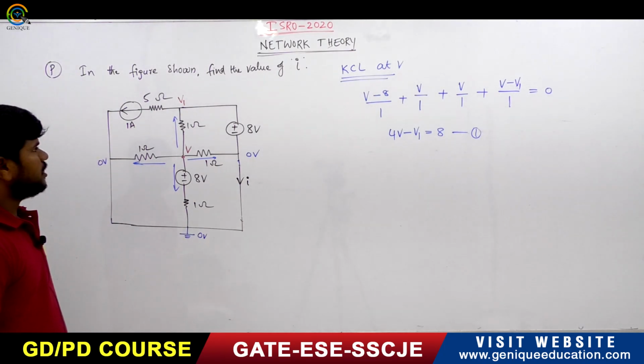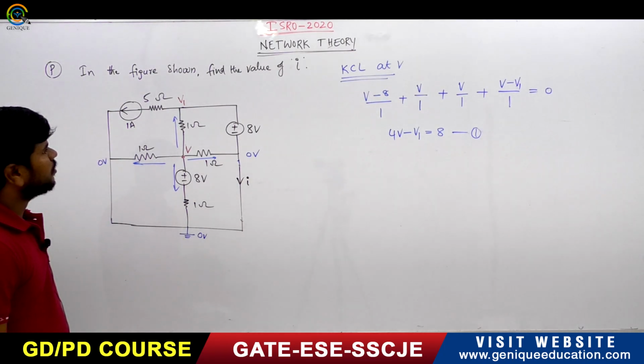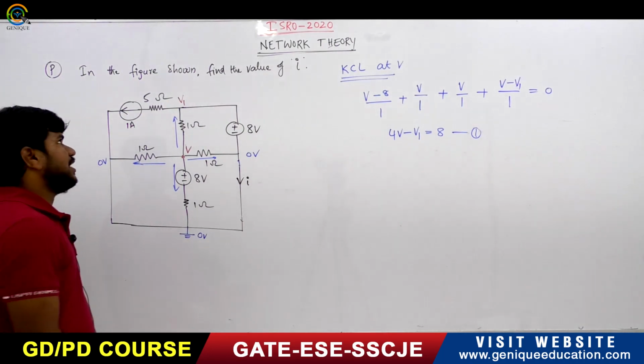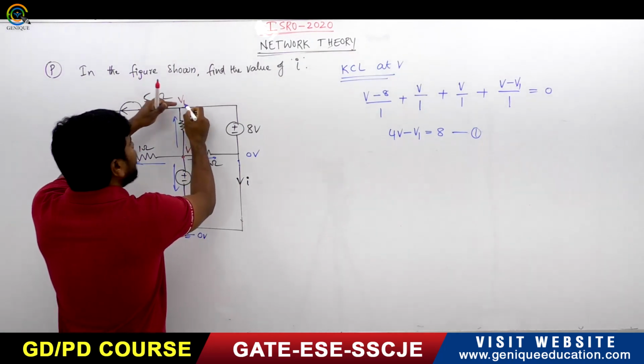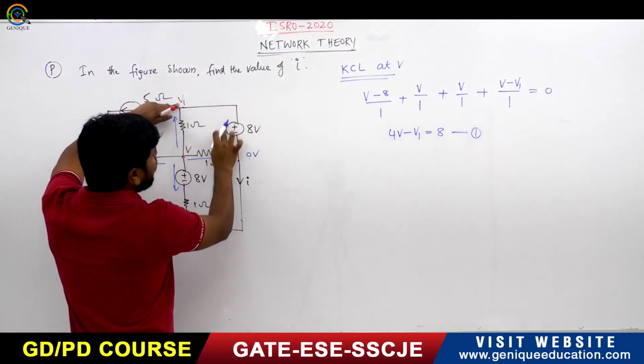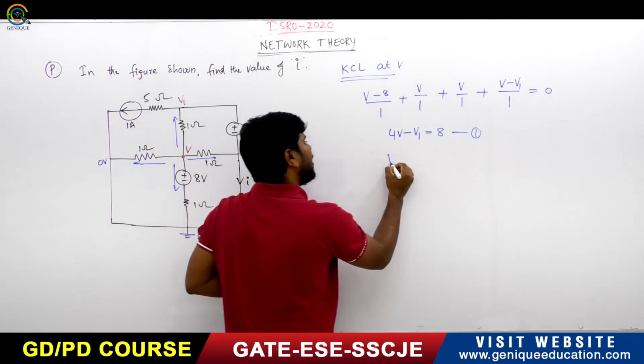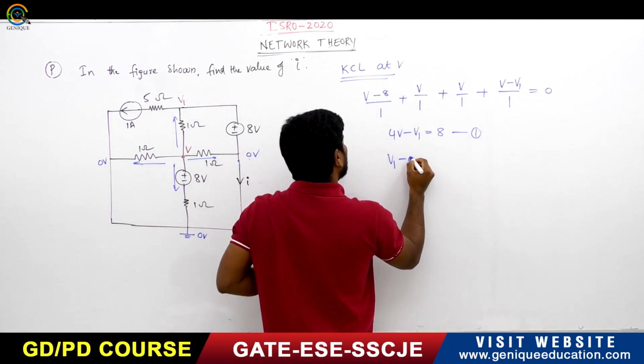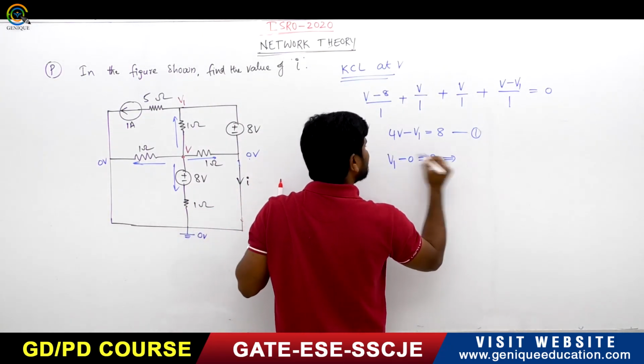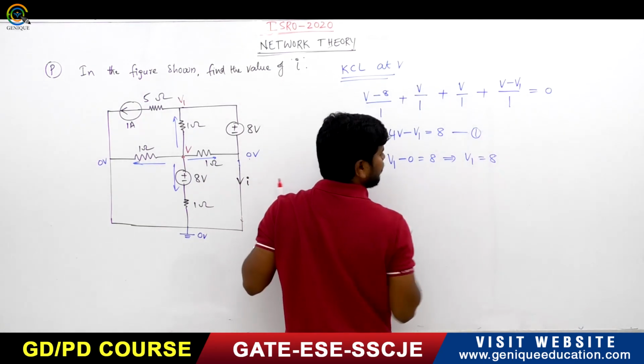Now, is there any other equation? Yeah, there is one more equation. V1 minus 0 is equal to 8 volts. So from this, V1 is equal to 8, and this is equation number 2.